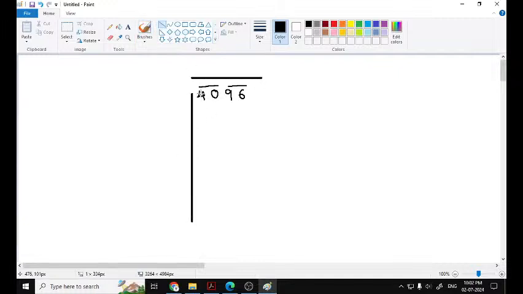Now let us find out a perfect square which is smaller and closer to 40. 40 is not a perfect square, 39 is not, 38 no, 37 is not a perfect square, but 36 is a perfect square. So we write 6 at 3 places.